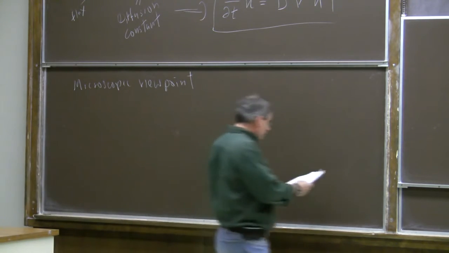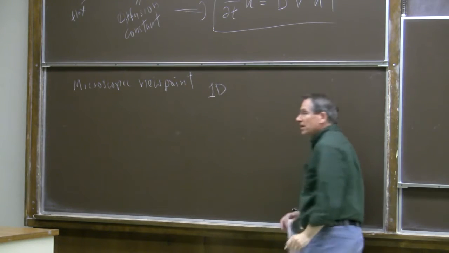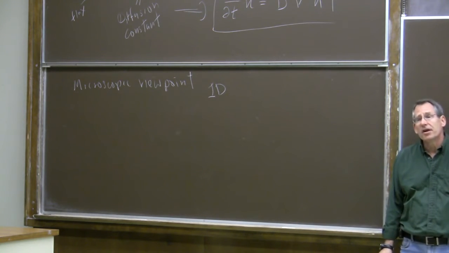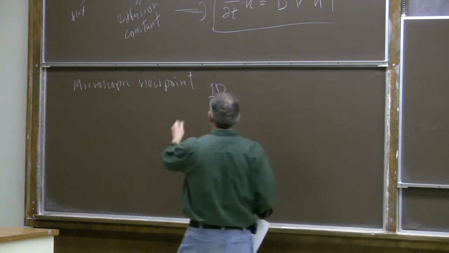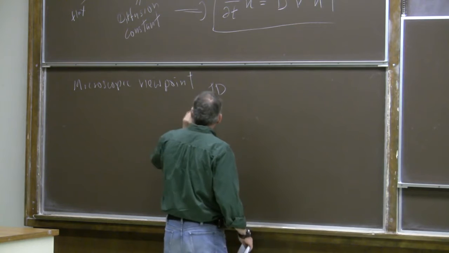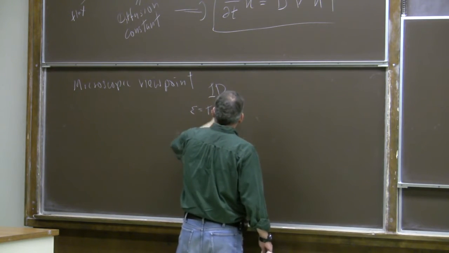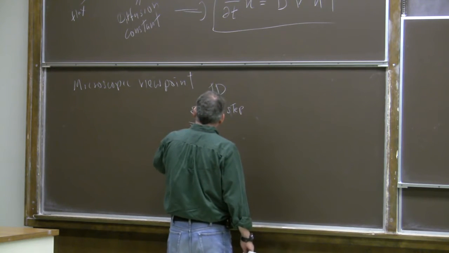So, to keep things simple, suppose we have a one-dimensional system, and we think of the particles as making a random walk. There's some characteristic time for the direction of motion to be reset. I'll call that epsilon, the time step. Or if you like, the reset time.